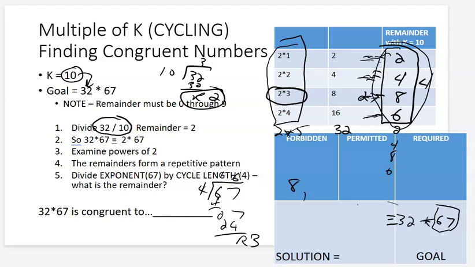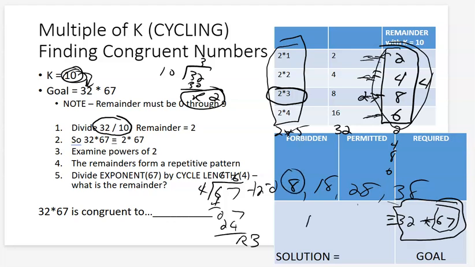That means that if we go up by 10, 18, 28, 38, ad infinitum, or down by 10, -2, -12, and so on and so forth, all those things are going to be congruent with this. And so let's say 8 is congruent. 4 times 2 is congruent with 32 to the 67th. Circle the goal in solution, submit it, you got it.